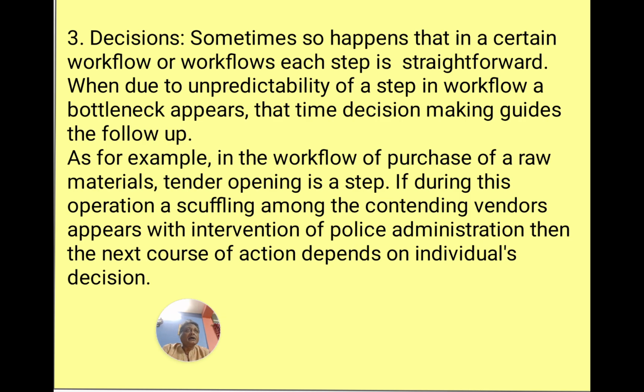Now, a powerful vendor tries to remove all other vendors, and they apply force to do that at the time of bid opening. That powerful vendor wants to bag the order by themselves.